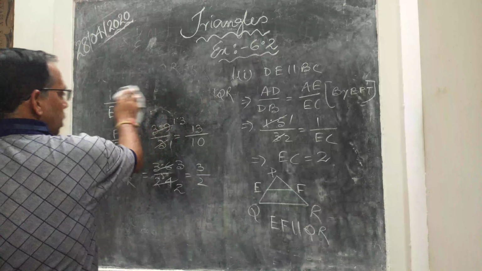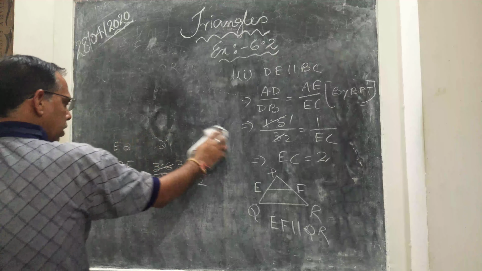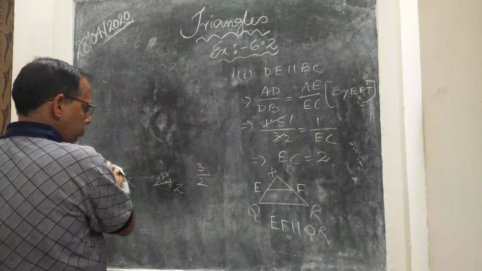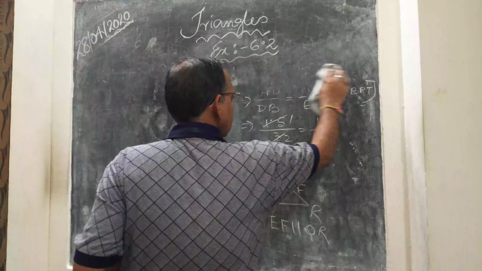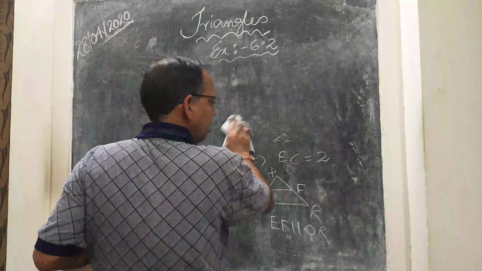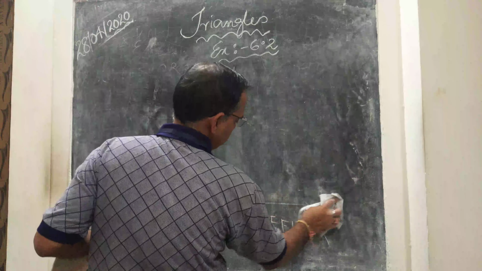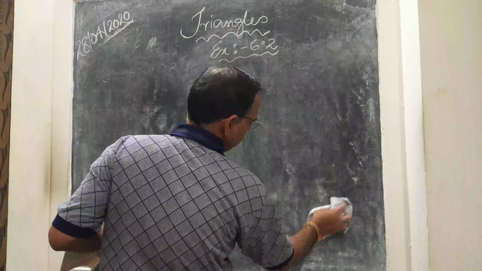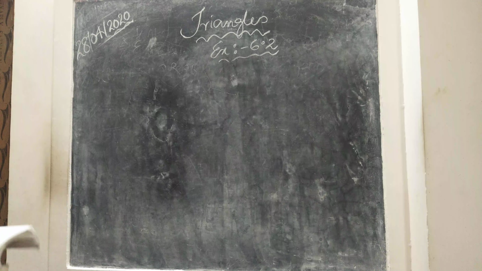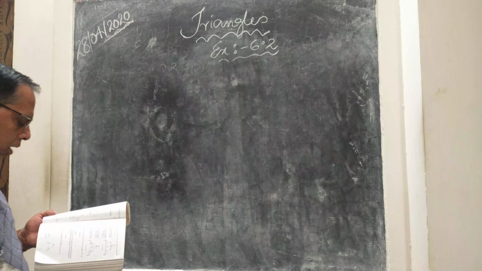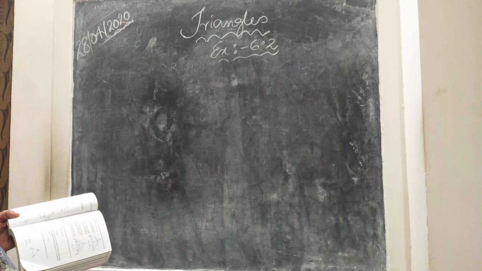So please be careful. You have to check that they are in equal proportion or not. If they are in equal proportion, then only parallel. If they are parallel, then they will be in equal proportion. That means simultaneously both have to take place at a time. Otherwise, not possible.